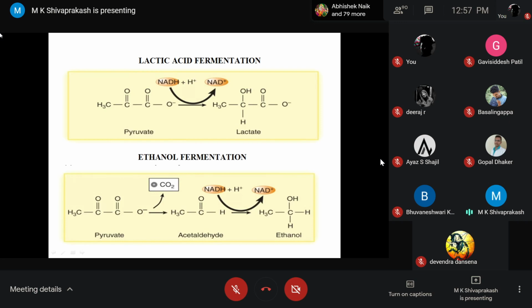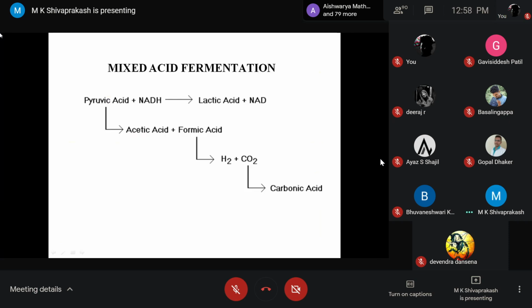They are utilized, and of course many more things. This alcohol has importance. These organisms are mainly represented by yeast. Of course, many bacteria are also there. Whereas the first group, lactic acid fermentation, is mainly dominated by bacteria.